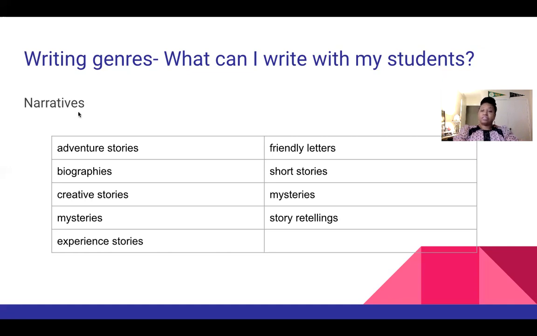So, these are some ideas that you can use in your classroom if you want to include narratives. So they can write adventure stories, or you can write with them, or they can write independently biographies, mysteries, experience stories, letters, short stories, story retellings. There are so many opportunities for writing when it comes to narratives.